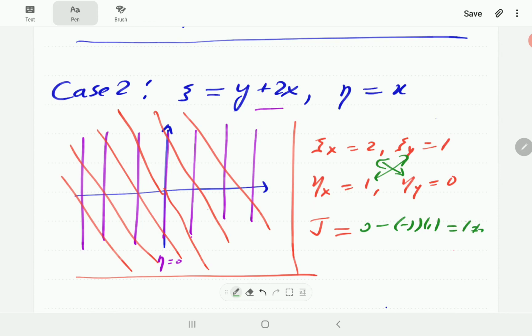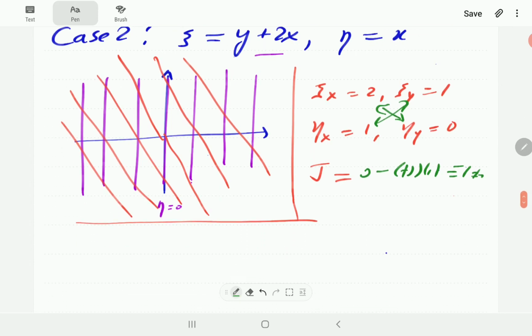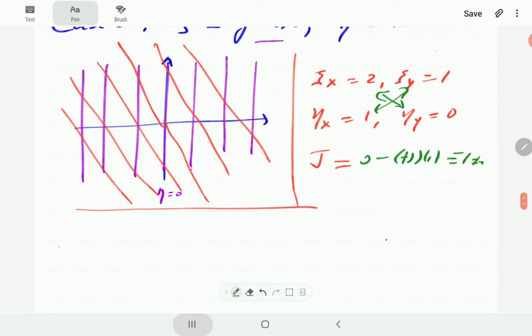So that means that coordinate system is fine. Okay, just one moment. Actually, this is +1, so it's going to be -1. All right, so that means ux is going to be 2 times u xi plus 1 times u eta.